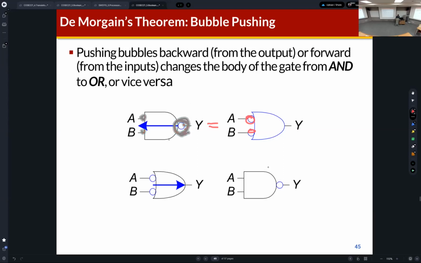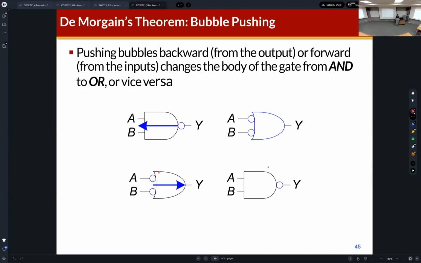Also, if we find bubbles at the inputs, this bubble can be moved to the output of the gate, but the gate also changes: the OR gate changes to the AND gate, and the AND gate changes to the OR gate.